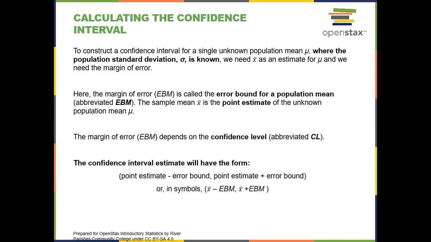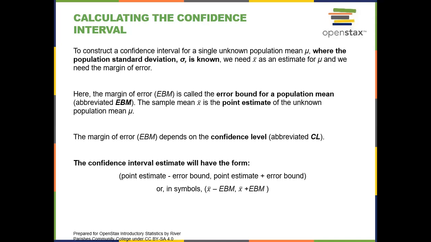The sample mean X bar is the point estimate of the unknown population mean mu. The margin of error, or error bound of the mean, depends on the confidence level, abbreviated as CL. The confidence interval will have the form.